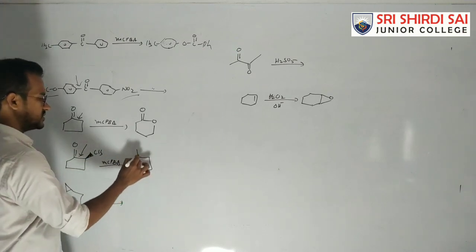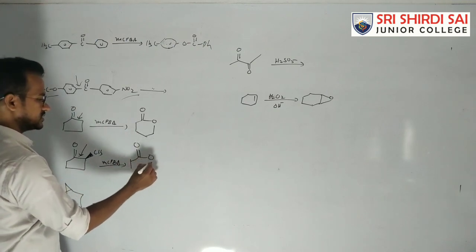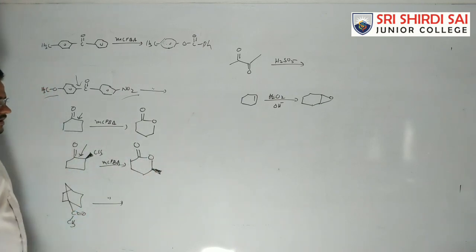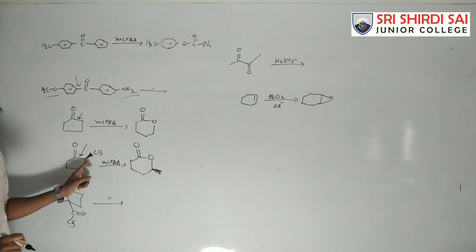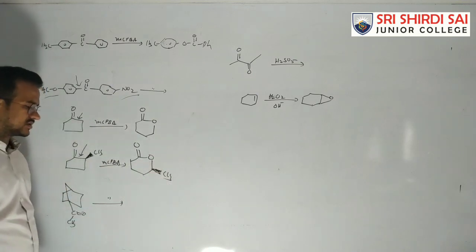Here the configuration of this alkyl group is not changed. Just migration takes place, but in the migration of an alkyl group, the configuration is not changed. That is a fact. Just insertion of oxygen takes place.